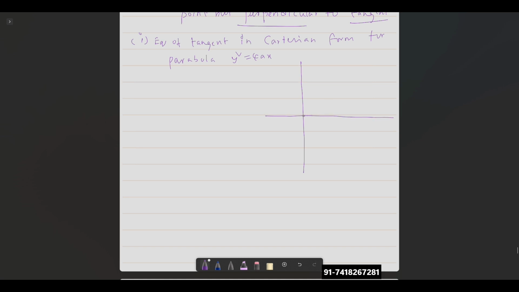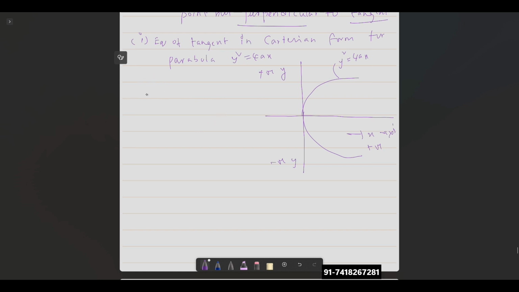This is your y-axis, and it is symmetric about the x-axis. So positive y-axis, negative y-axis, and on this side x-axis, which is always positive. Whether you give positive or negative values of y, you will always have positive values of x. That is the interpretation of this curve.